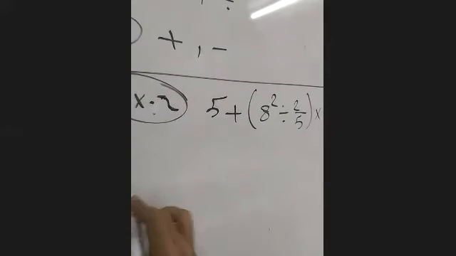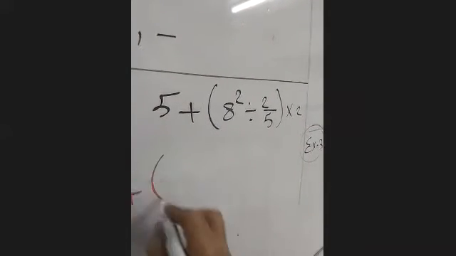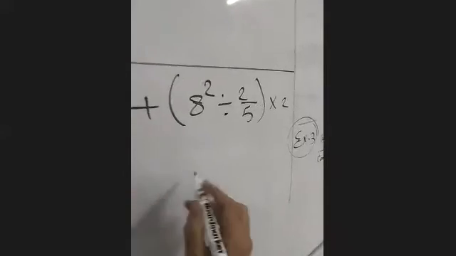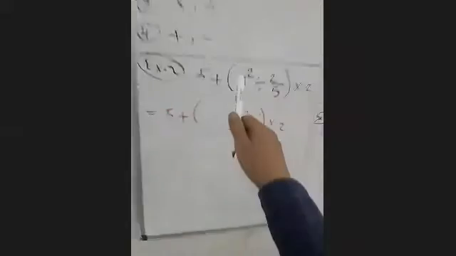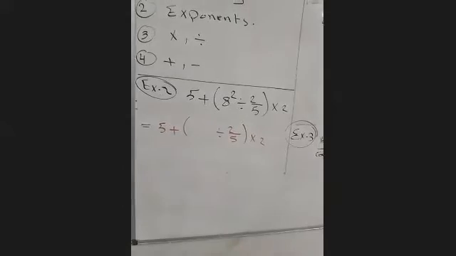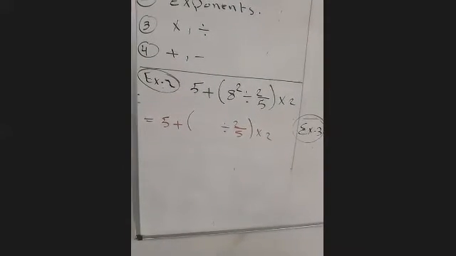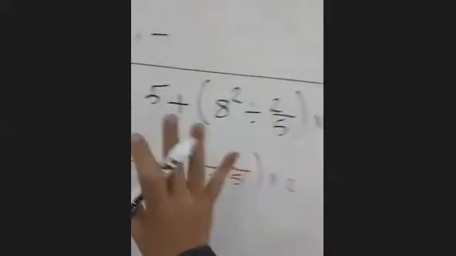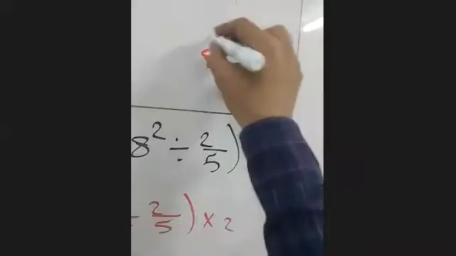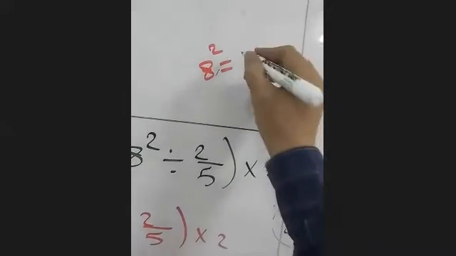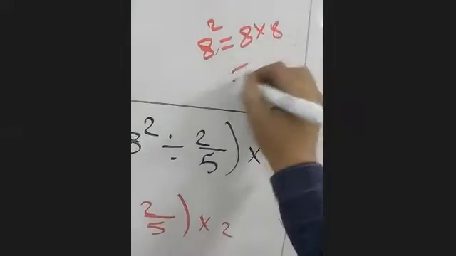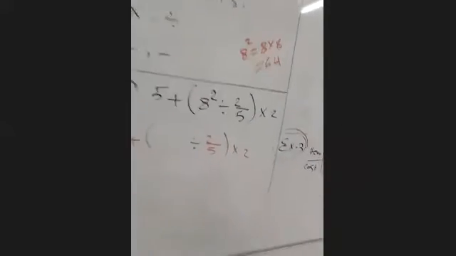I will write everything else the same, and I will just calculate 8 to the power 2. Outside of the question, 8 to the power 2 equals what, Ahmed? 64, which is 8 by 8, right? Yes.